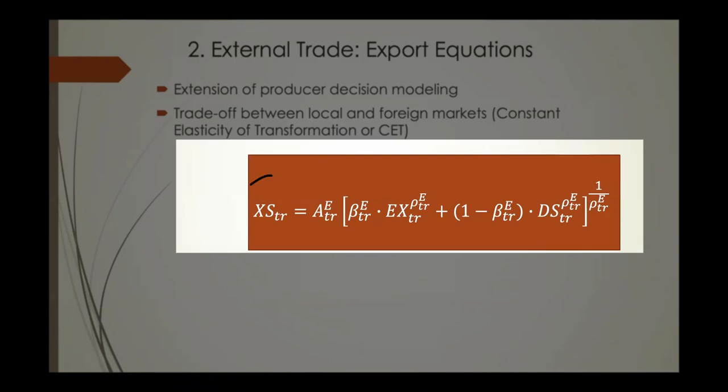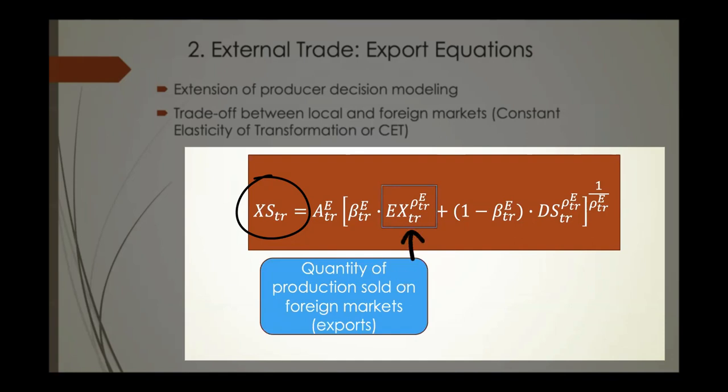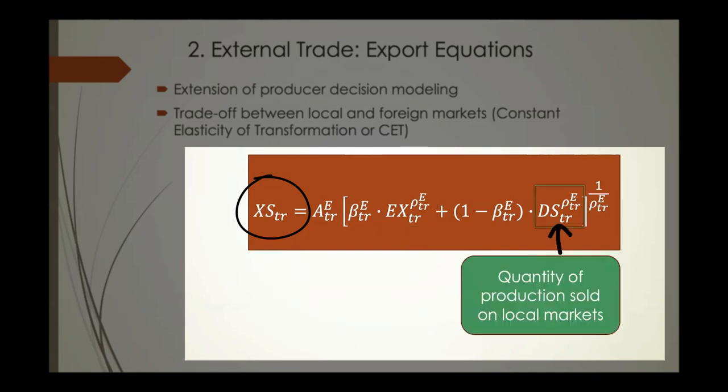Total supply excess of tradable goods and services, TR, is now partially sold to the foreign market or exports, EX, in blue color here, or partially sold to the local market, DS, in green color here.